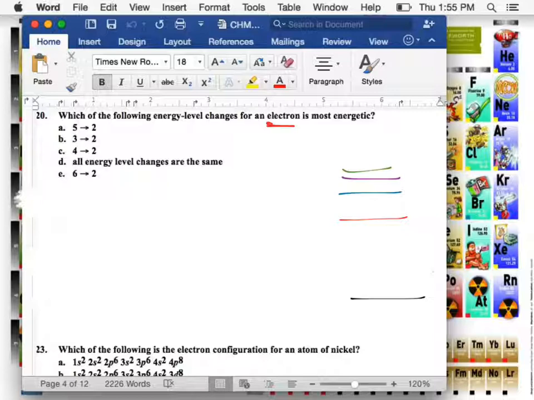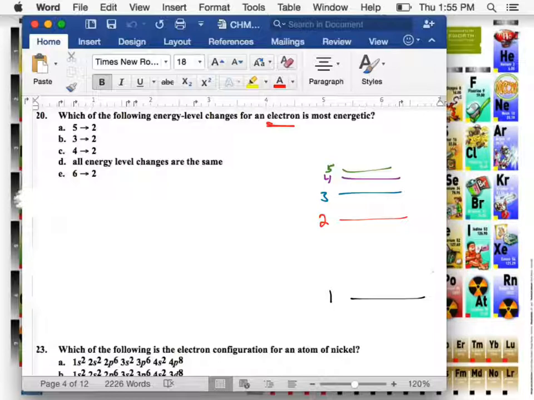We called each of those energy levels different numbers: the first energy level, the second, the third, the fourth, the fifth, officially all the way up to the seventh, because there are 7 rows in the periodic table. The rows are our energy levels.